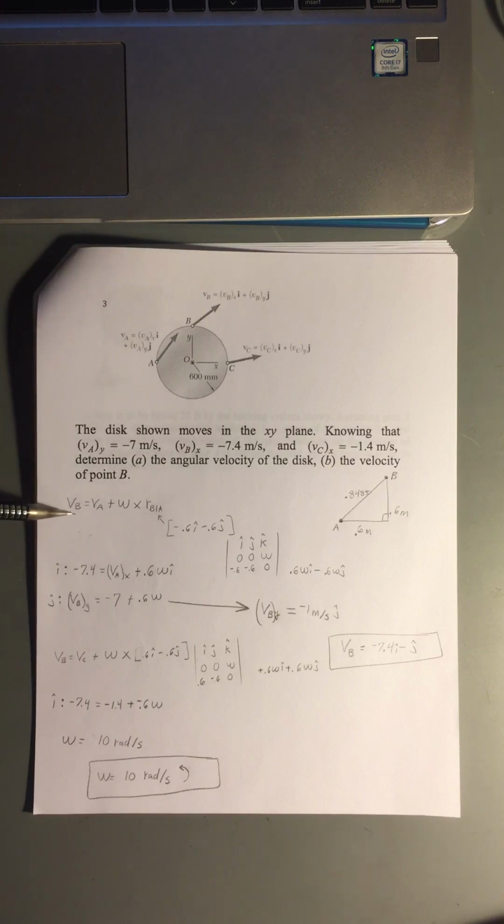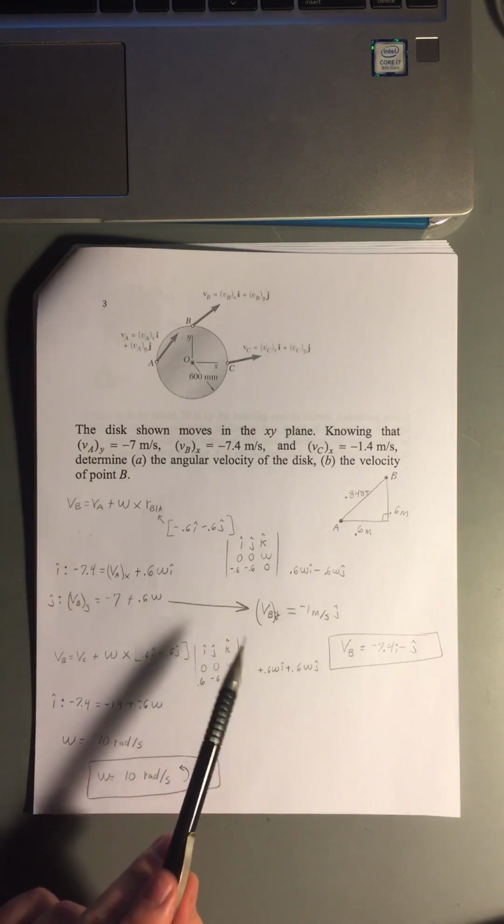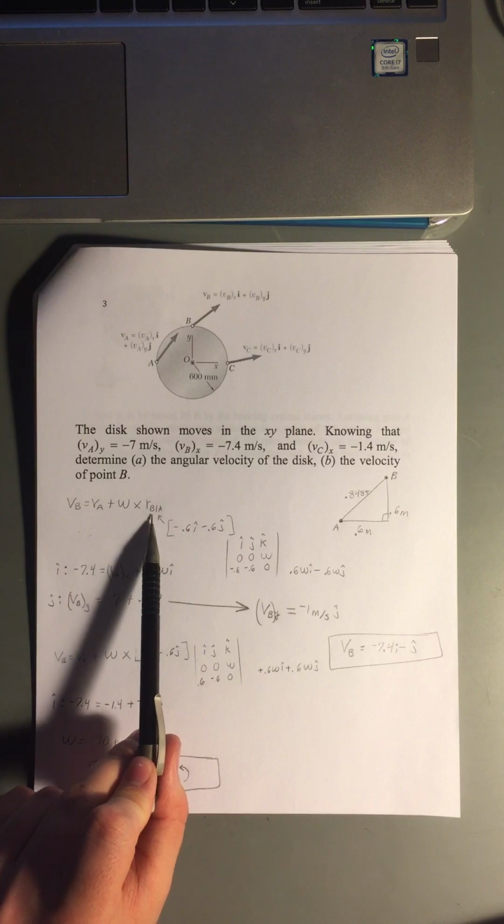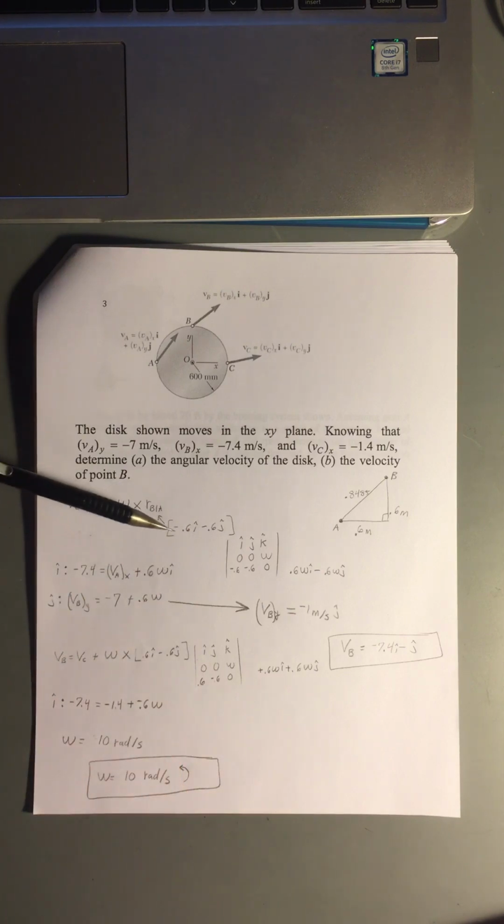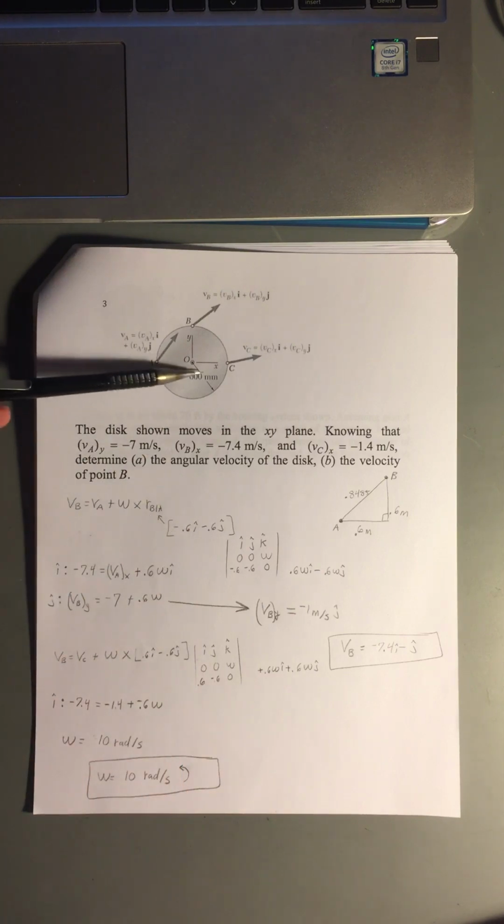And I tried to find this velocity and omega. And looking at this, we know that the distance from B to A is negative 0.6 I hat and negative 0.6 j hat.